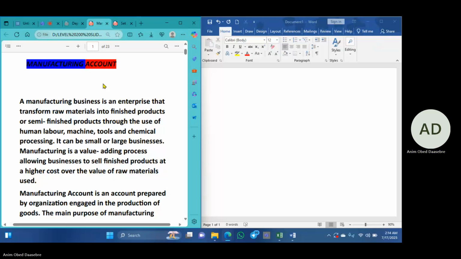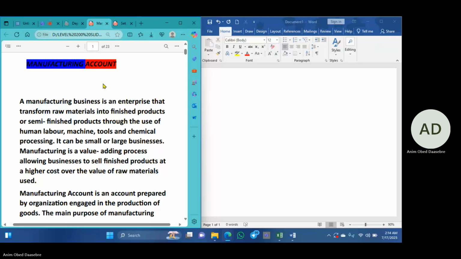So when we are preparing our accounts, we need all the components of costs that you are going to incur. The idea of manufacturing accounts is to find the cost of production. There are a lot of things that go into the cost of production.